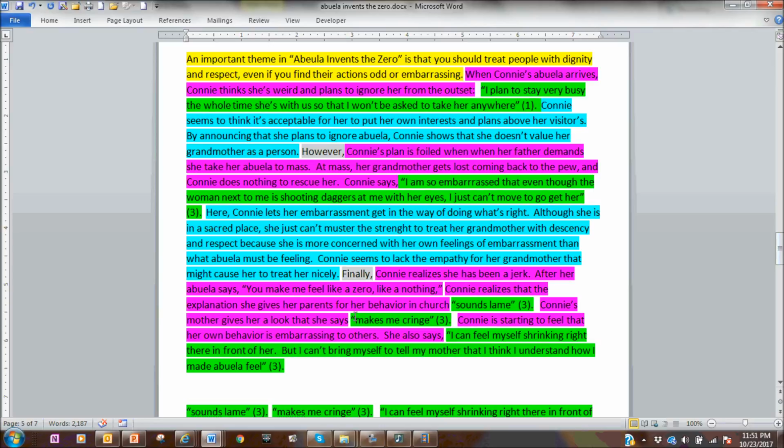Now, you might notice that I do have a quotation here from Abuela, which is in purple. It's not green because I am not using that as evidence of how Connie has changed. This evidence here is from the end, and I'm trying to show that Connie has actually learned a lesson. So what Abuela says doesn't show me what Connie learns, but it is a setup for what Connie learns.